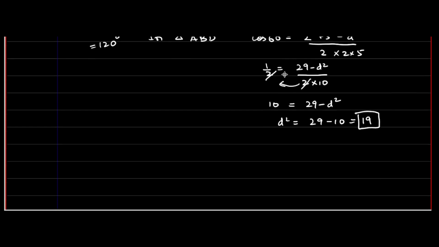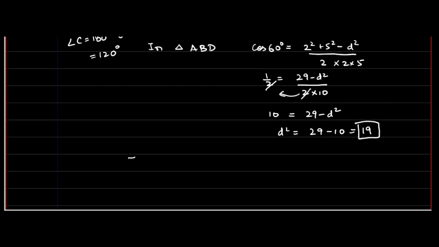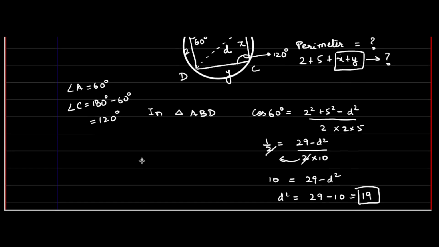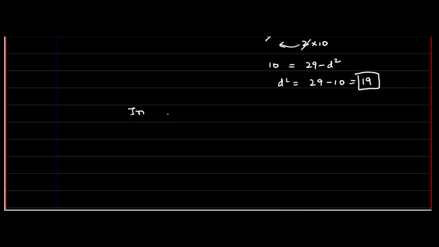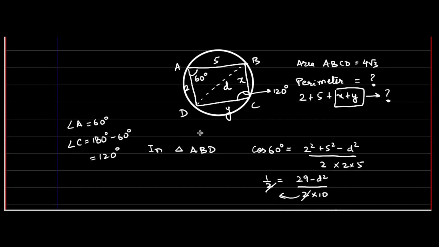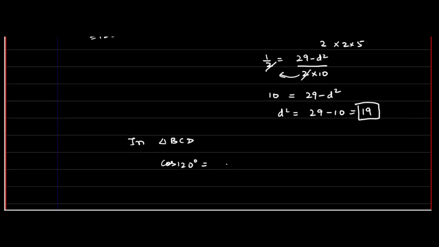So I can apply the cosine law in triangle BCD also. In triangle BCD, cos 120 degrees is equal to x square plus y square minus d square upon 2xy.